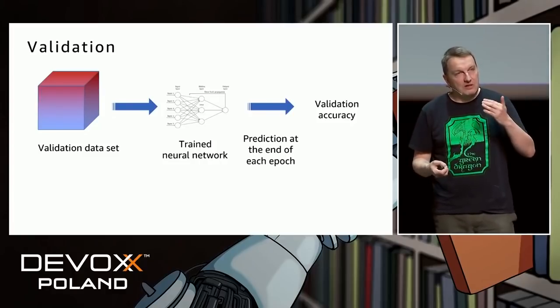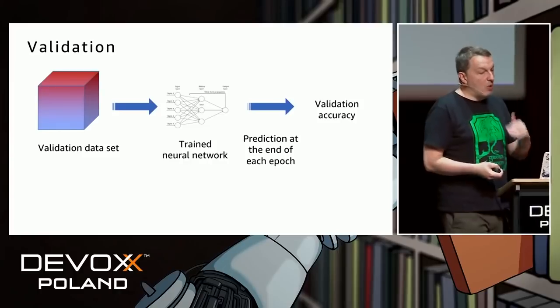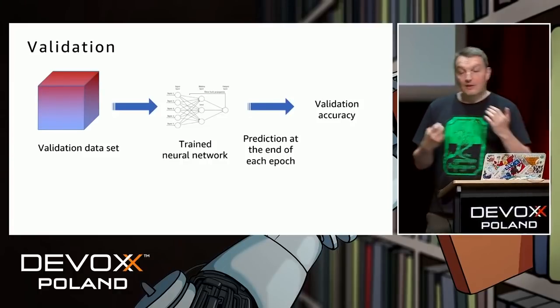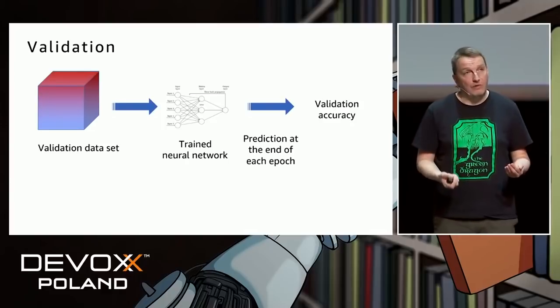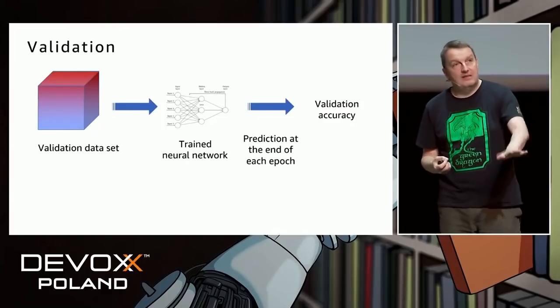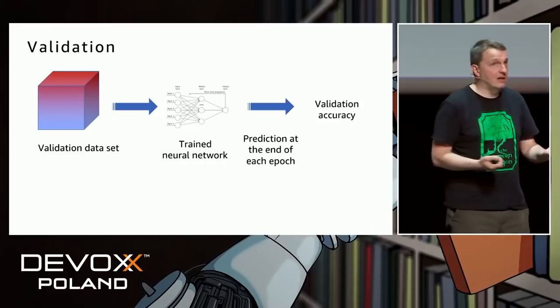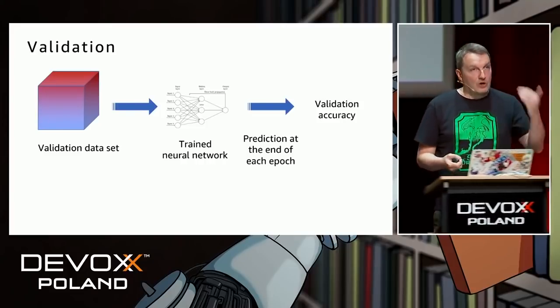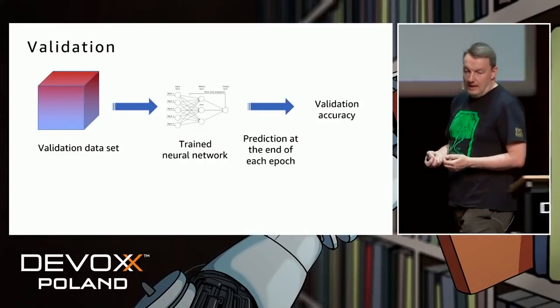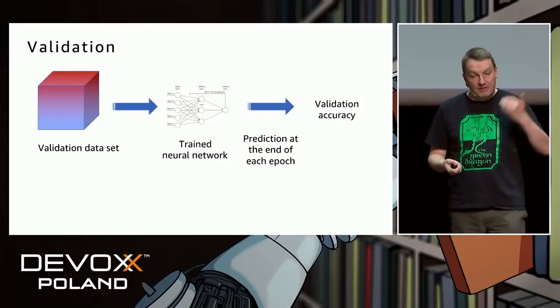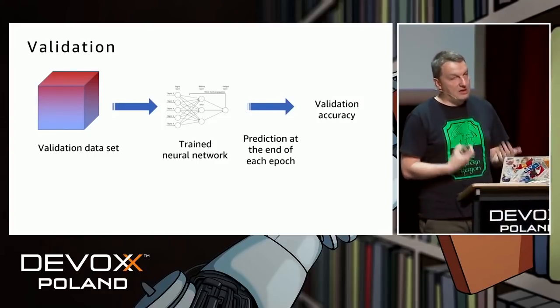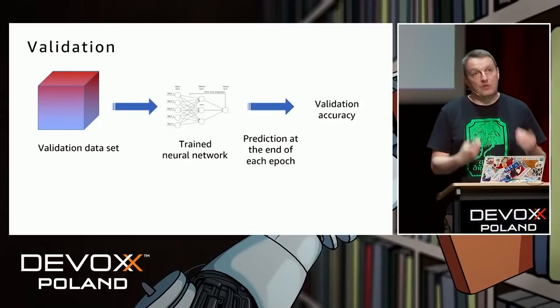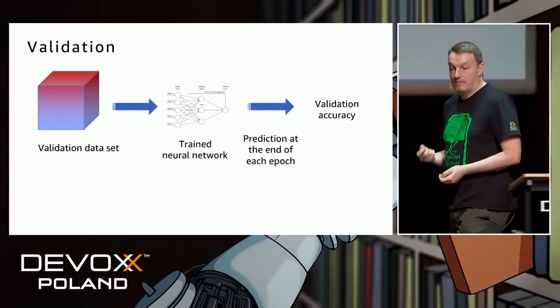This gives us a sense of how well or how badly the network does on samples that it hasn't seen so far, because remember, these samples are different from the training set. We're going to see this at the end of each epoch, and hopefully it goes up, showing that not only is the network learning, it's also learning to predict samples it has never seen.